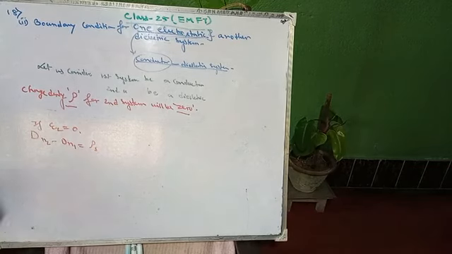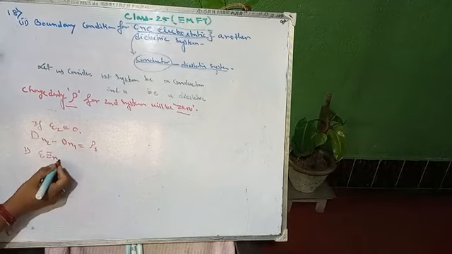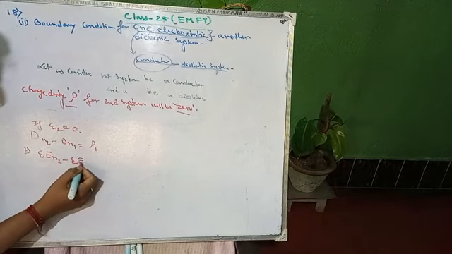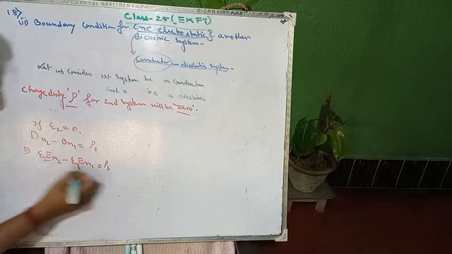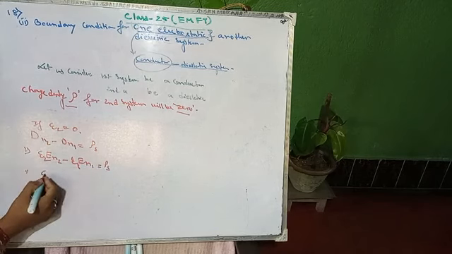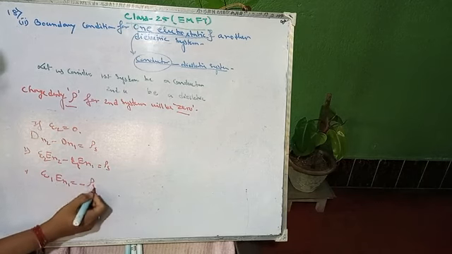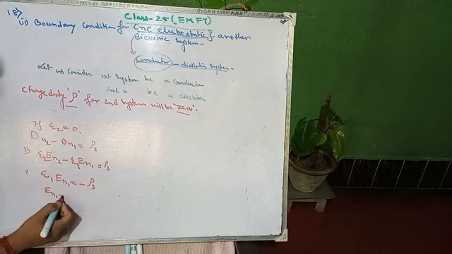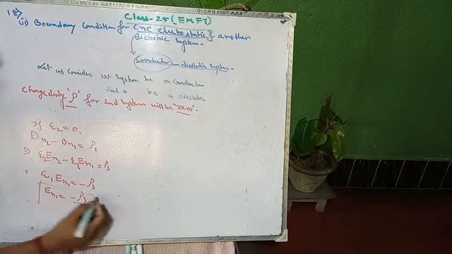That was the second condition. Or DN2 means epsilon 2 EN2 minus epsilon 1 EN1 equals rho s. So if we put 0 for epsilon 2, then epsilon 1 into EN1 equals negative rho s, and EN1 equals negative rho s by epsilon 1. This is your second boundary condition.